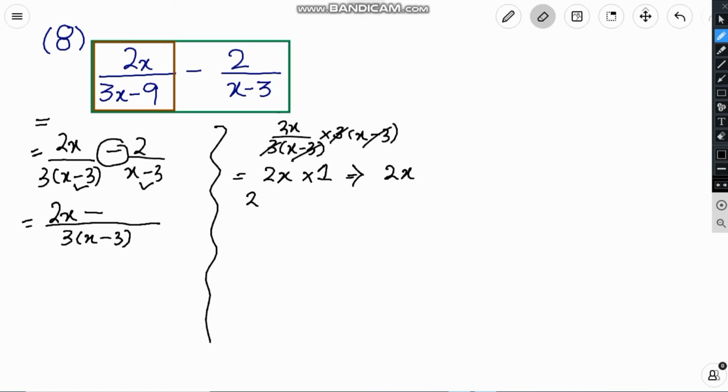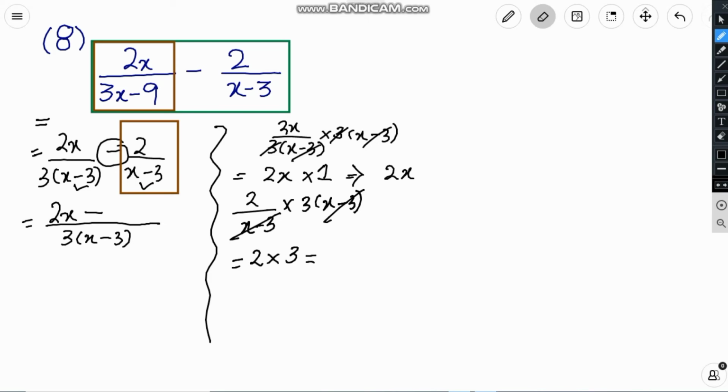Now take the second fraction, 2 over x minus 3. Just write 2 over x minus 3 here. Multiply it with 3 into x minus 3. You can cancel x minus 3 with x minus 3 because these two are multiplicative inverses of each other. So what remains here? 2 multiplied by 3. You will get 6. So just write 6 here.